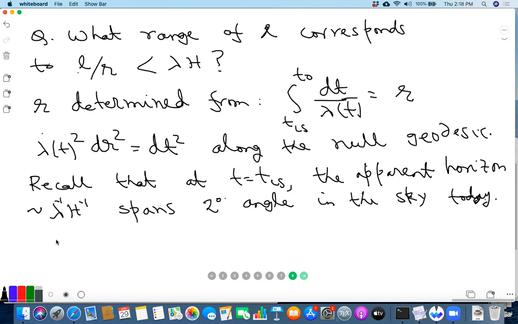So this means that lambda inverse h inverse over the full circumference 2 pi r should be 2 degrees over 360 degrees.